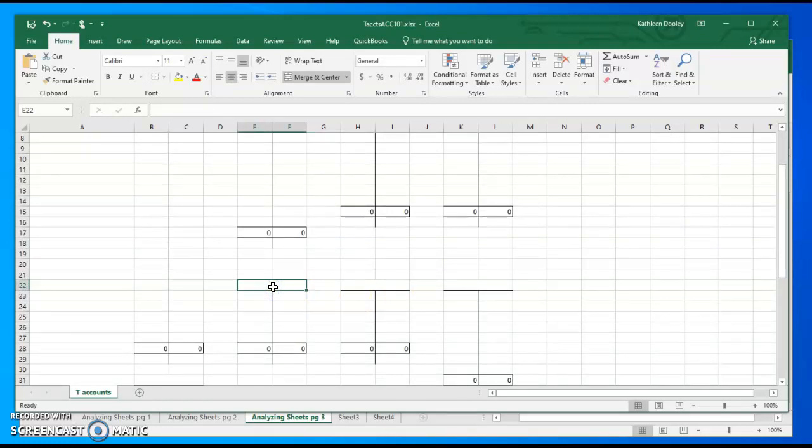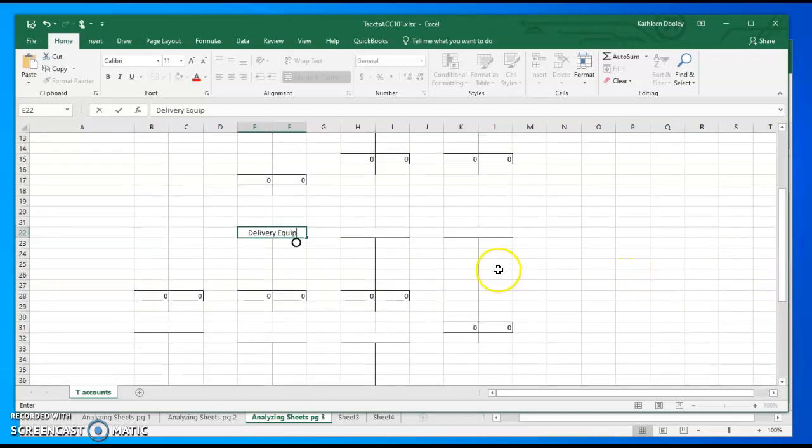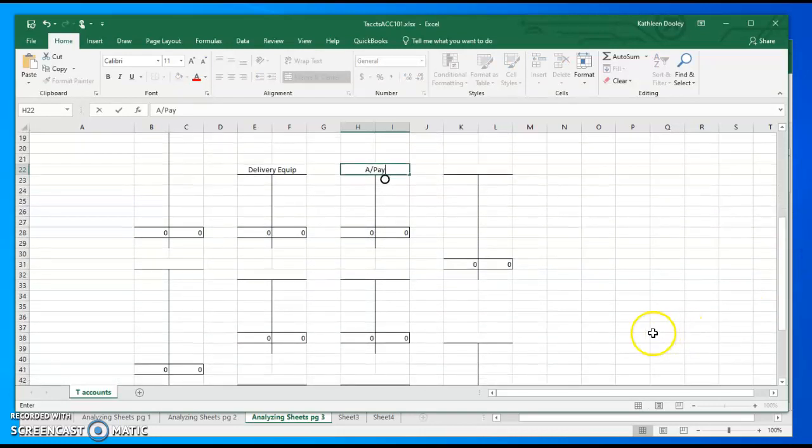We have delivery equipment, and now we have accounts payable. Down here, I'm going to put AA, comma, capital. It usually needs a small T account. And AA, comma, drawing.